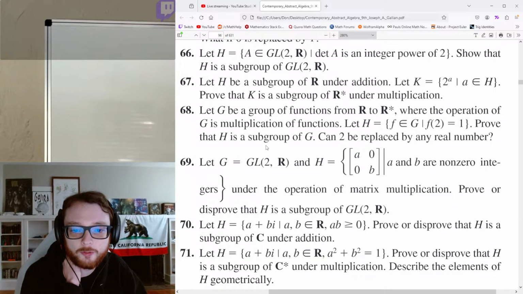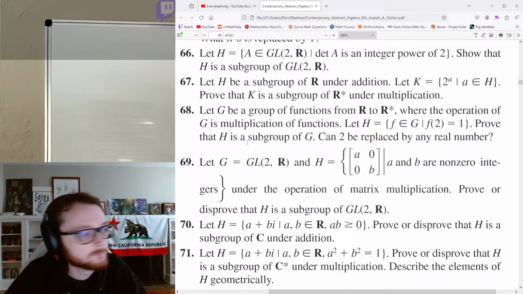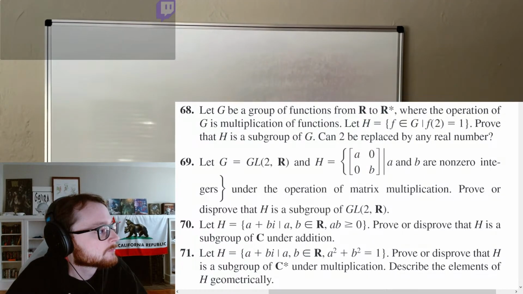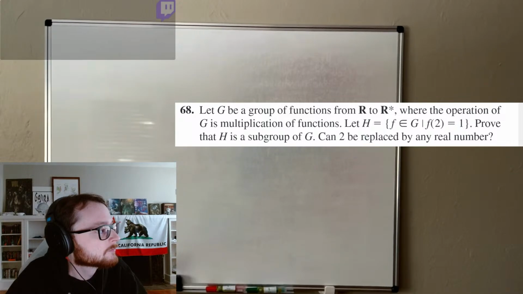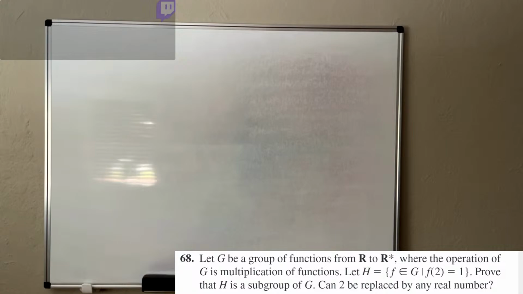This one looks super weird, but it's actually not that hard from what I remember. With these weird group definitions, the key is to not get scared by the definition and just go through the steps of your subgroup test.